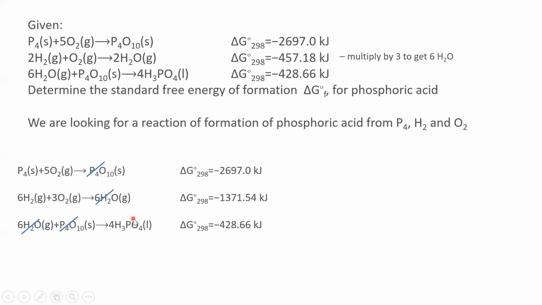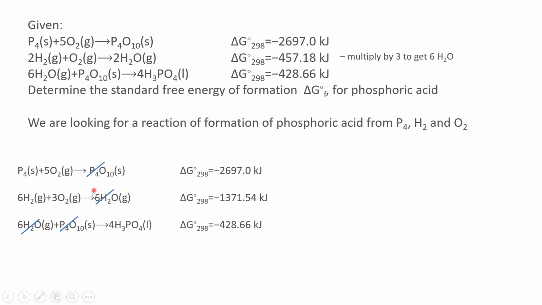And nothing else cancels out. So we've got our phosphorus plus our oxygen plus our hydrogen. Those are the free elements that are going to be used to form the phosphoric acid on the product side. So we have to add these reactions together.